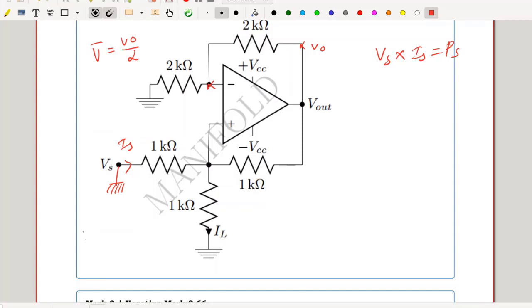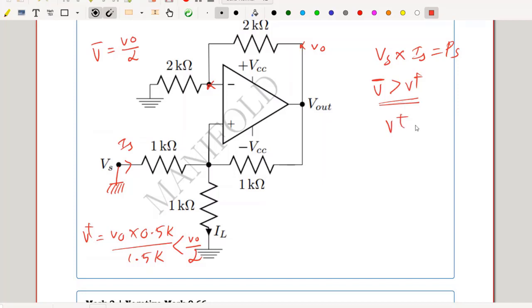So my V plus is nothing but V out multiplied by 0.5K divided by 1.5K. It implies V plus will always be less than V out by 2. Hence, V minus is greater than V plus. Hence, negative feedback dominates in the circuit. Hence, V plus equal to V minus is valid in the circuit.